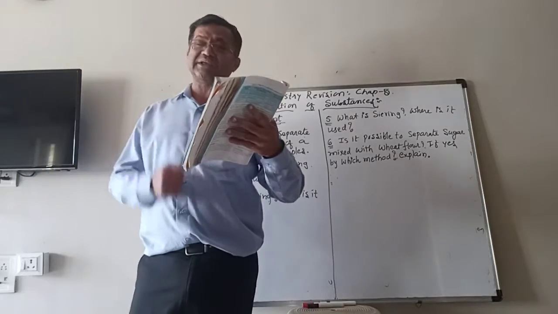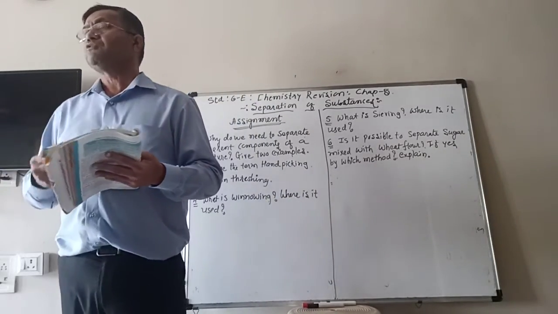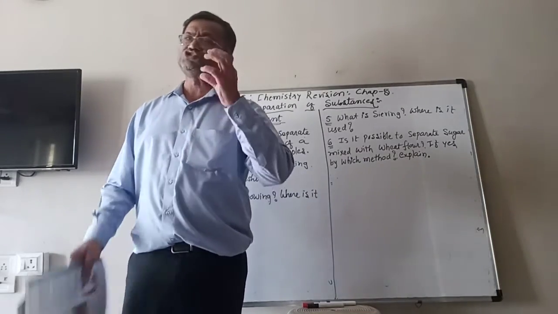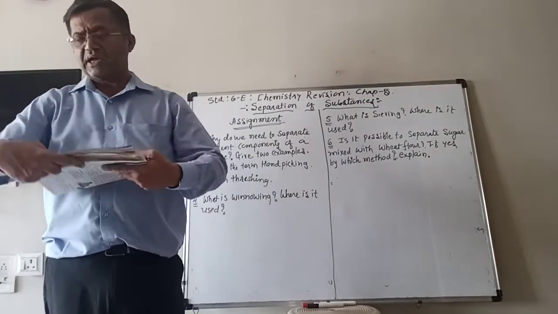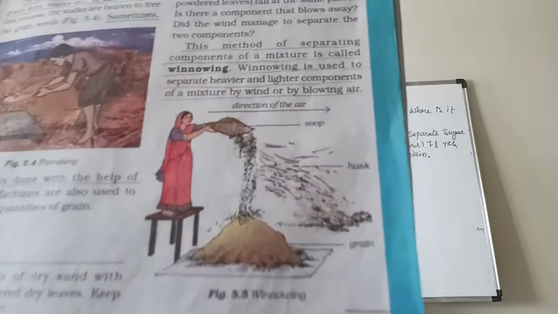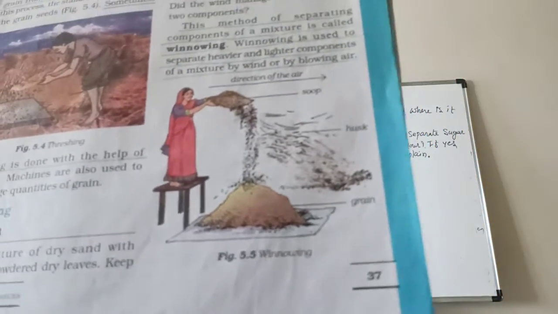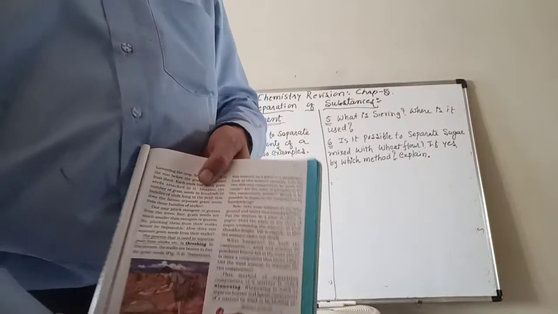You can use this method to separate a mixture of sand with sawdust. Sand is a little heavier, sawdust is lighter. So when you allow the mixture to fall as shown in the figure, thus winnowing, you can see the lady allowing the mixture to fall, then the husks are going away and the grains are falling at her feet.